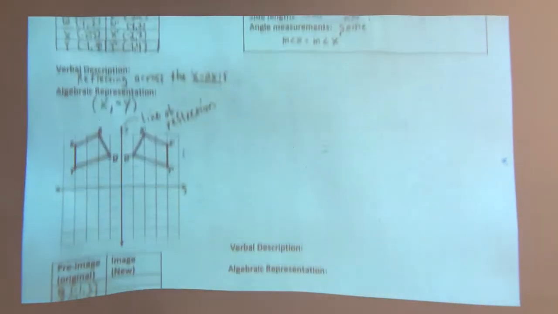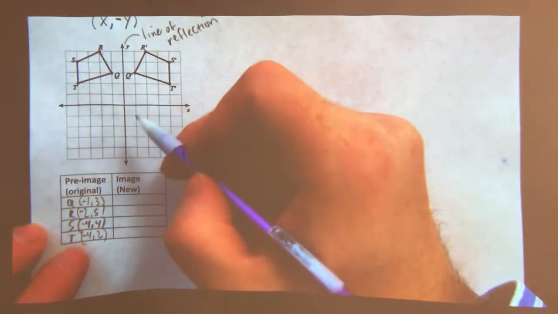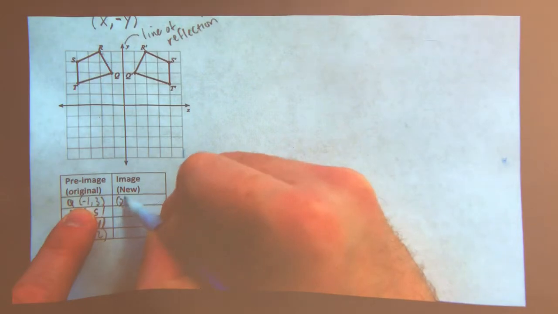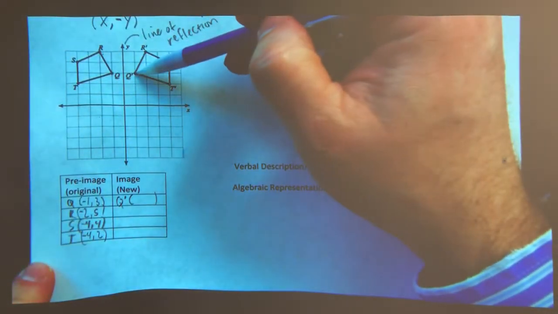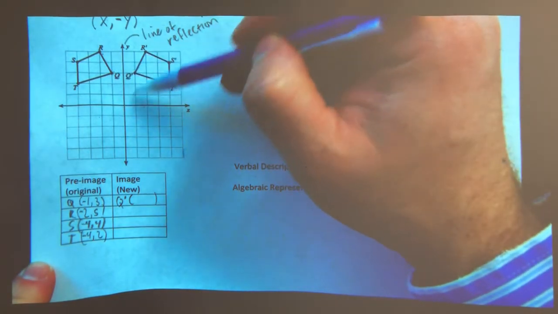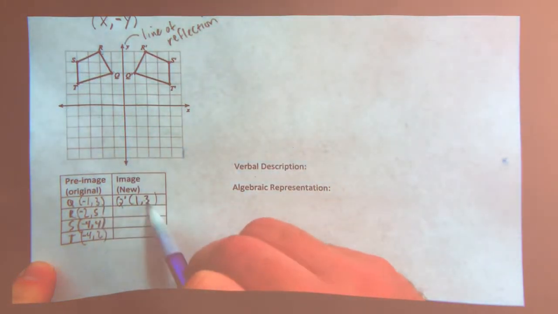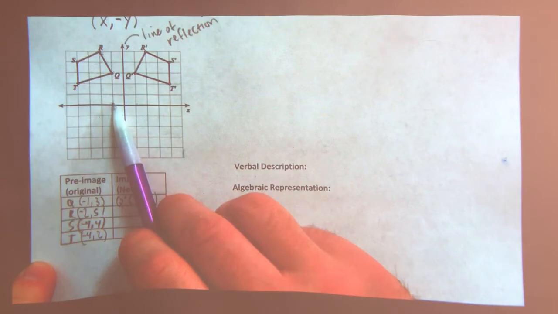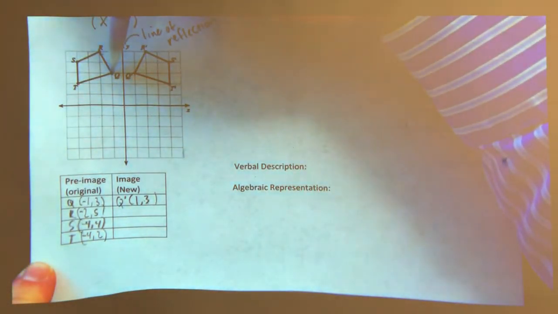So this, hopefully you can see, would be the opposite. Here, if we look at Q prime, Q is flipping over to Q prime. It was -1, 3, and this point is 1, 3. So in this case, our y value stayed the same, but our x value flipped, which makes sense because the x value is flipping over, but the y value, or the up direction of the position of this point, is still up 3 either way.